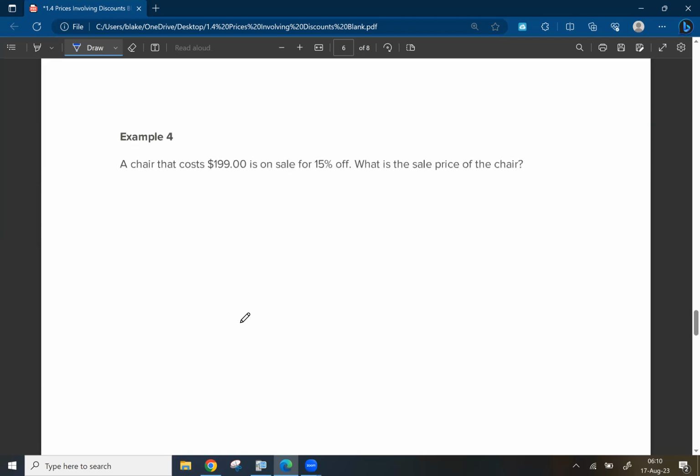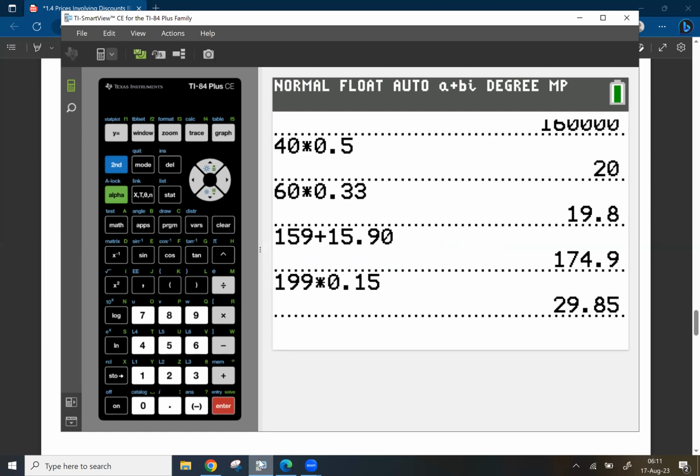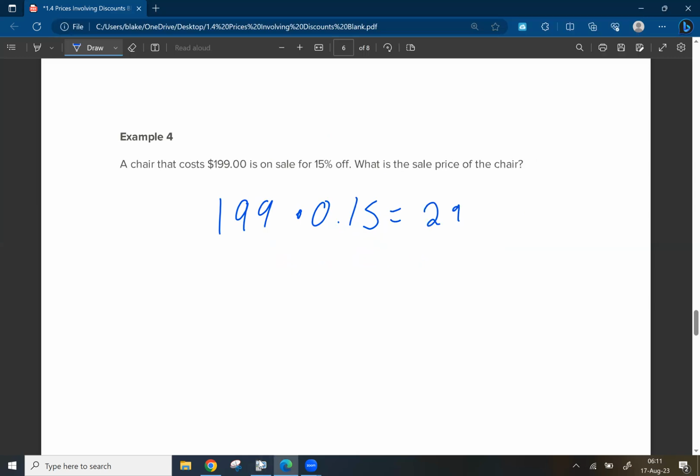All right, and then another discount. So we have a chair, $199. It's on sale for 15% off. So let's figure out what 15% of 199 is. 199 times 15% is $29.85. So that's the discounted amount, $29.85.